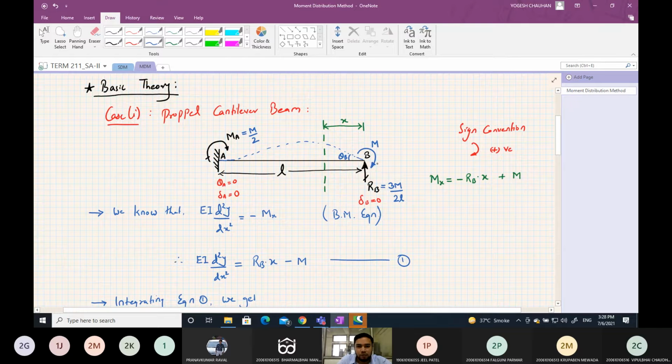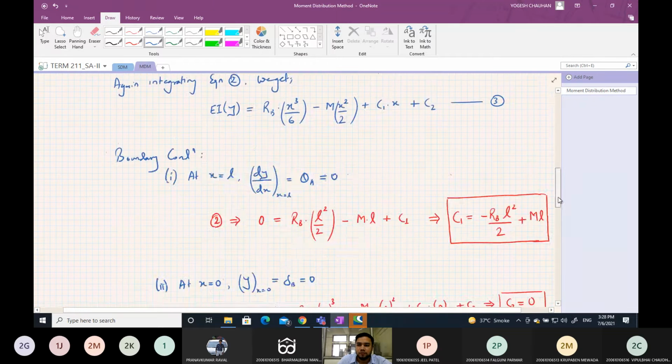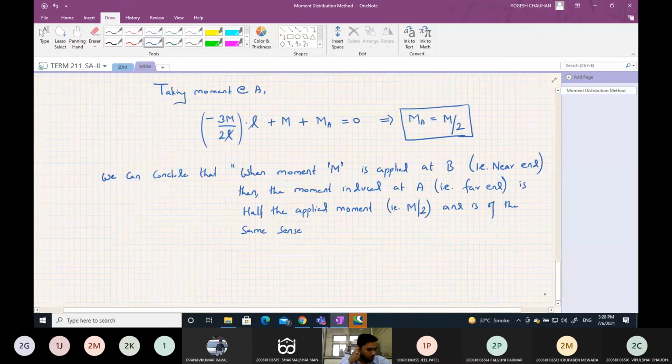If the moment applied at B is anti-clockwise, the moment induced at A will be half of the moment applied at B and in the anti-clockwise direction, the same sense as that of the applied moment.